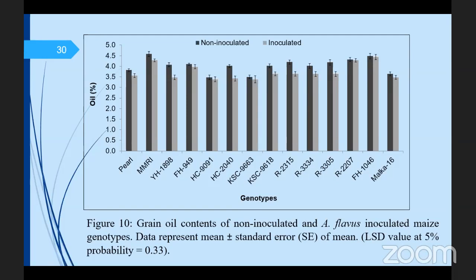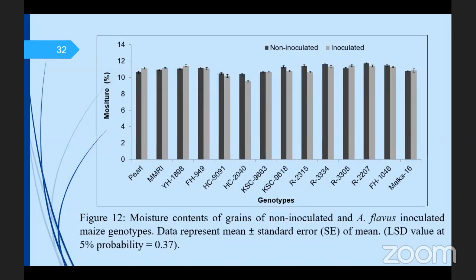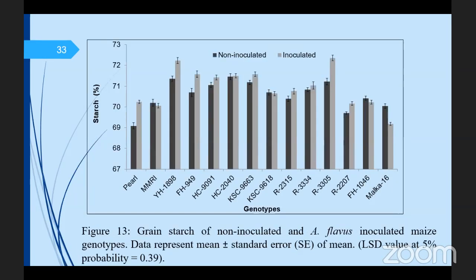It means the quality or nutrition of the grain was also affected by the infection produced by Aspergillus flavus. The proteins and the moisture contents were also affected by the inoculation. But the starch has a variable response towards the Aspergillus flavus inoculation.